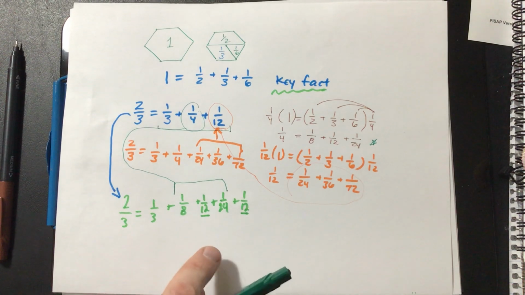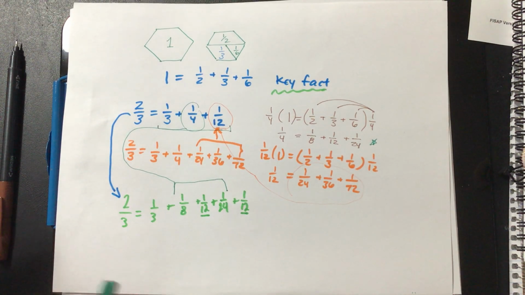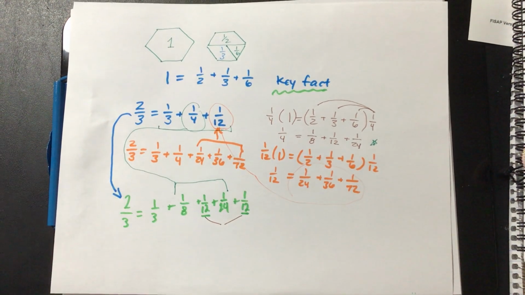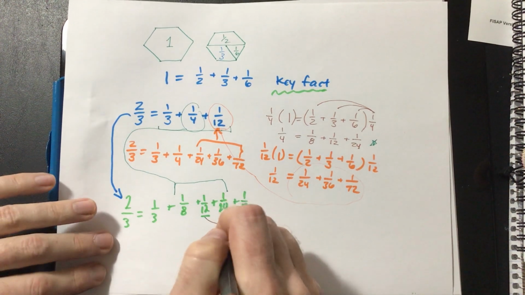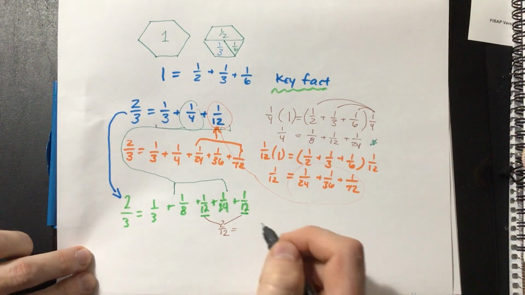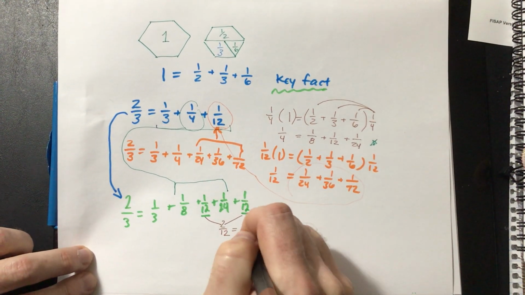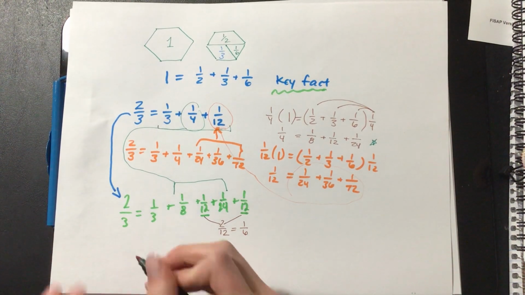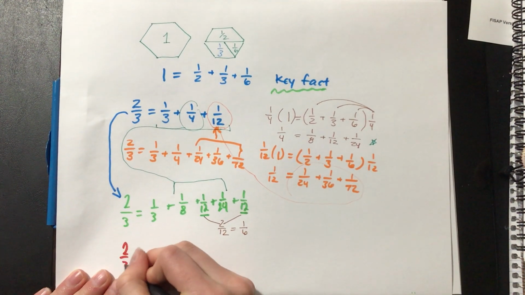So what can we do? Well, don't worry. We just have to clean this up a little bit. What do you get when you add 1/12 plus 1/12? 2/12. Which is equivalent to 1/6. Can you say that a little bit louder? Which is equivalent to 1/6. Okay. So can you rewrite 2/3 and then trade that in?